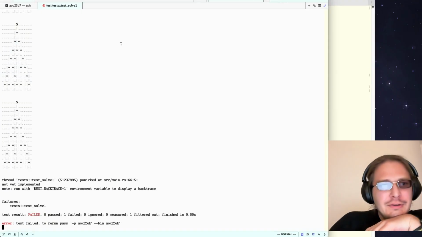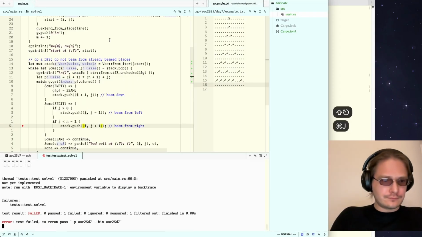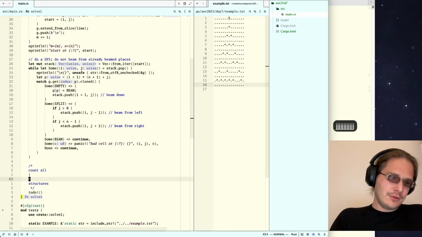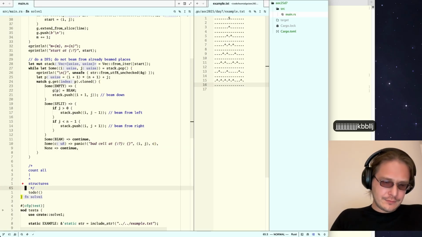Now, after propagation is done, count all structures like this.